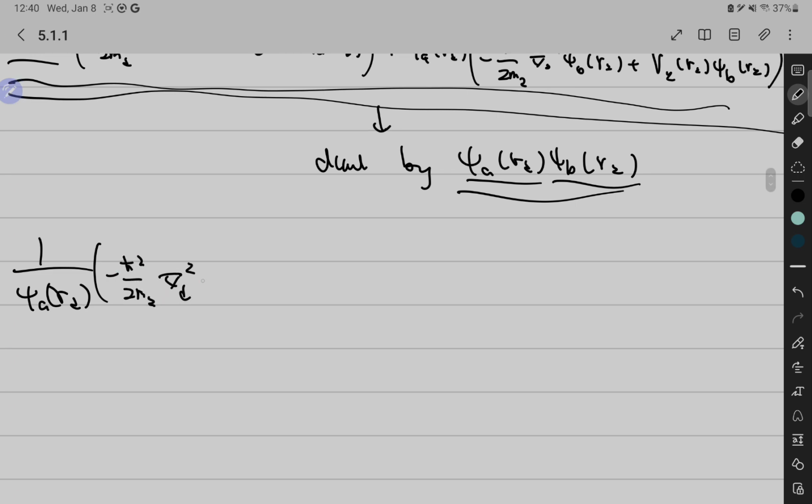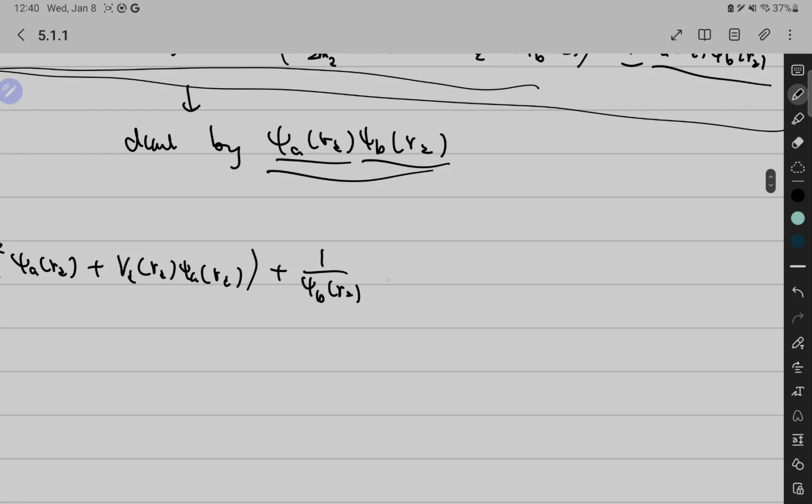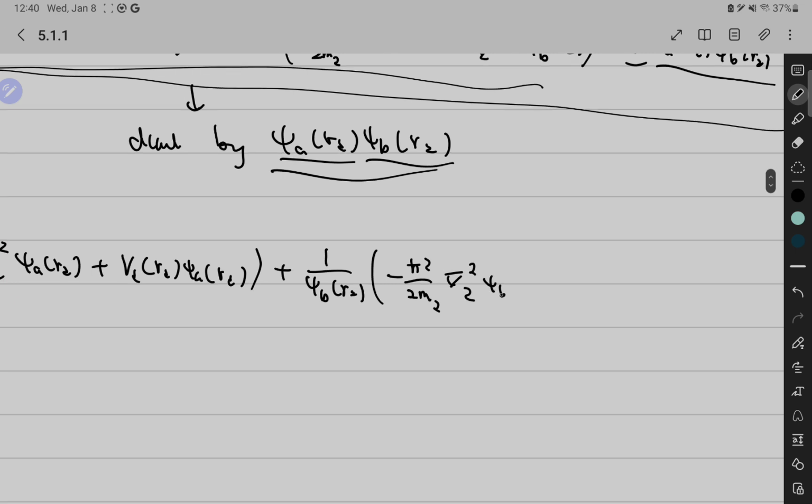So I'm just writing down the equation again. 1 plus V1 R1 phi A R1. Feel free to skip ahead, because this writing is sort of, I wouldn't call it unnecessary, but it's the part where everybody just understood what's going on, but you still gotta write it down at the end of the day.